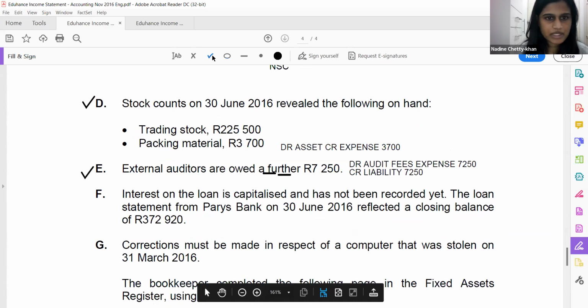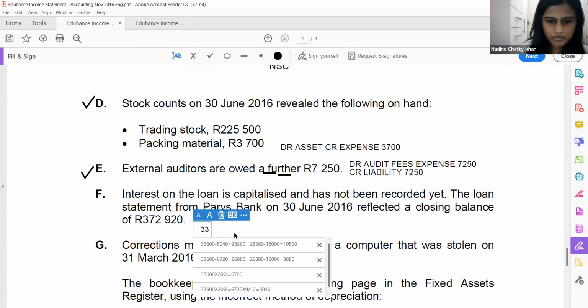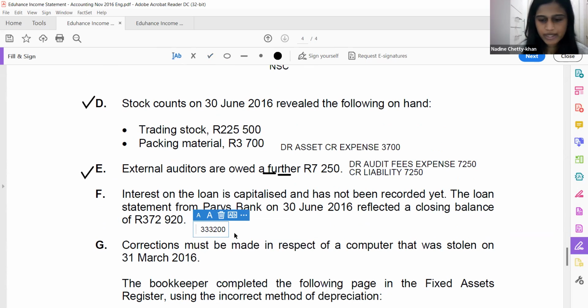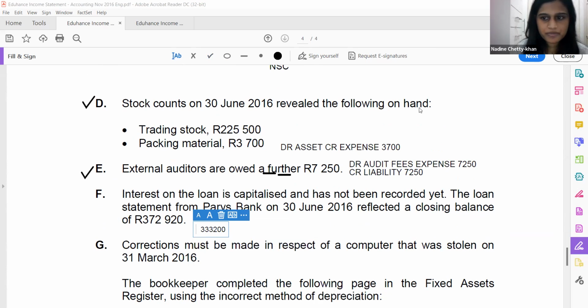Okay, let's write it here. Okay. So that is a difference of 372,920 minus 333,200 is 39,720.